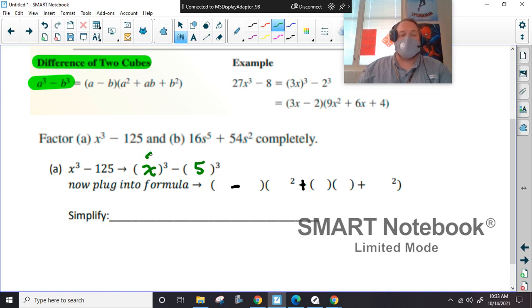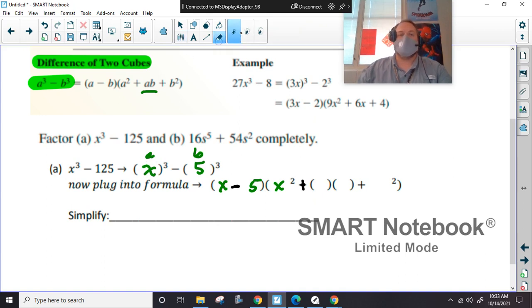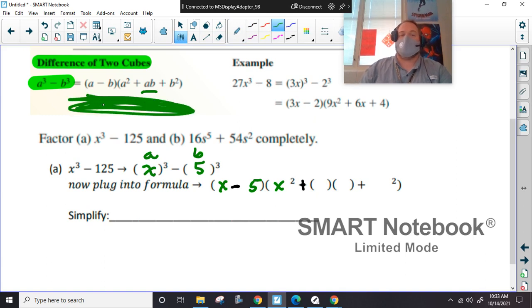Now this is our A, this is our B right here. So we have to say x minus 5 goes right here. Then we would say x squared plus, this is our A, this little squiggle, this is an A. The reason it's an A is because I'm going off this up here.